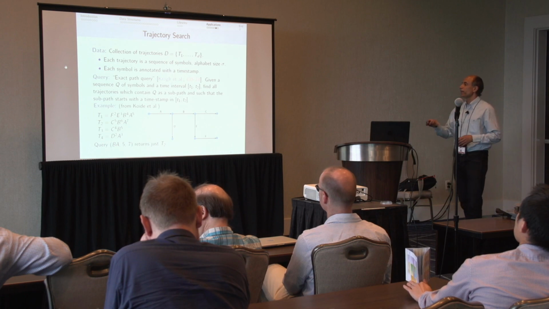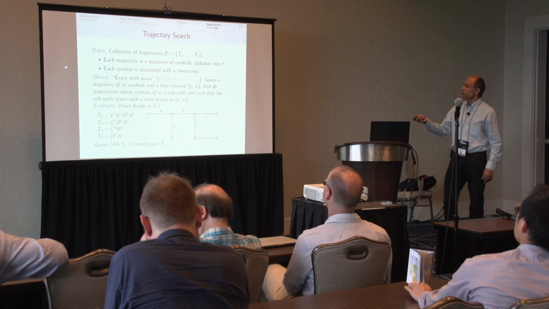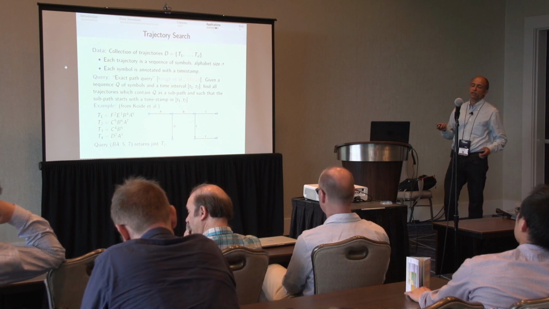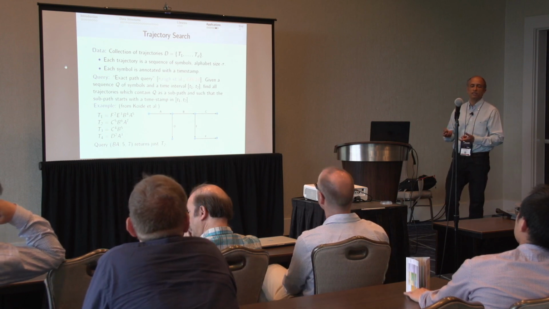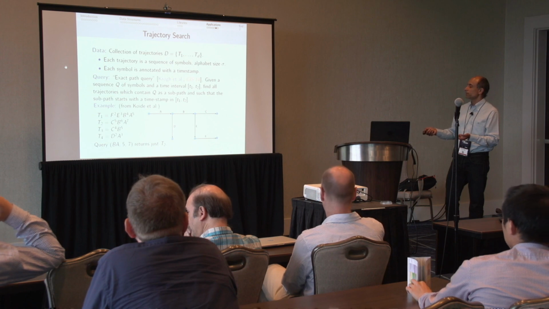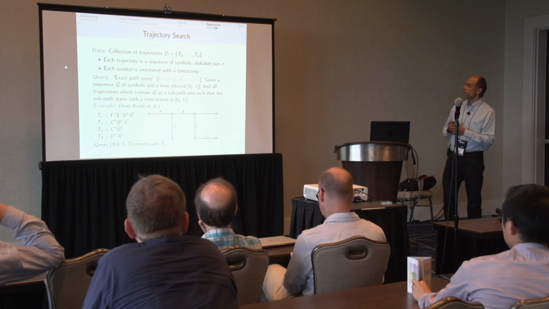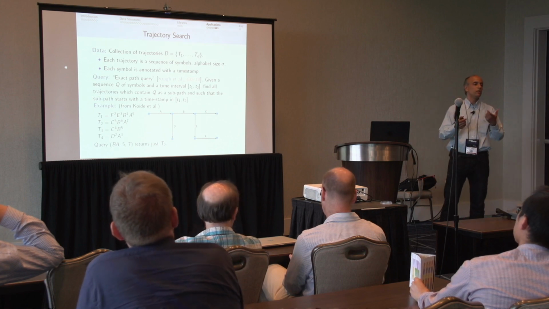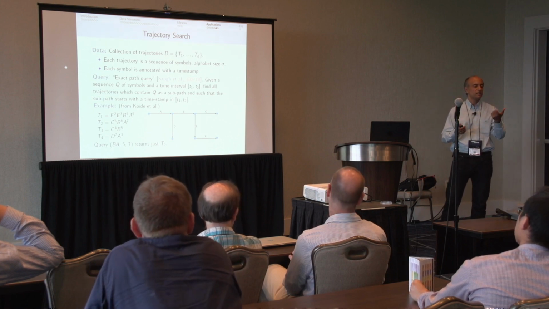And the query that was proposed in this paper in GIS 14 was something called an exact path query. You give a query sequence Q of symbols, which represents a potential subpath in this network of roads, and you have to find all the trajectories that contain this as a substring.